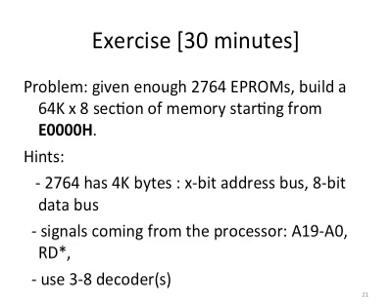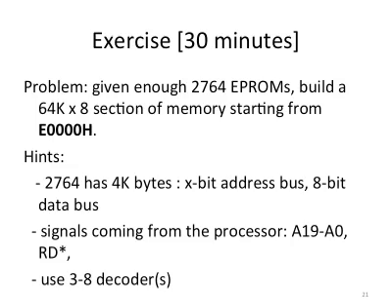So let me repeat the problem again. Suppose you will be given enough 2764 EPROMs, and I would like you to build a circuit using these EPROMs and any necessary 3 to 8 decoders or NAND gates. I would like you to build a 64K byte section of memory starting from this address. There are some hints given here.